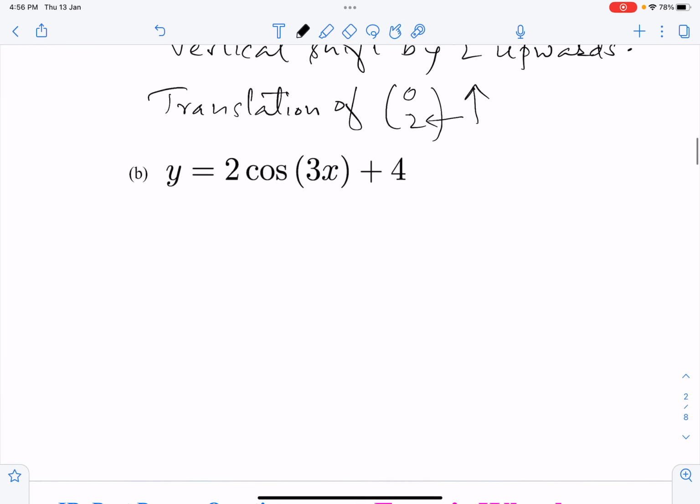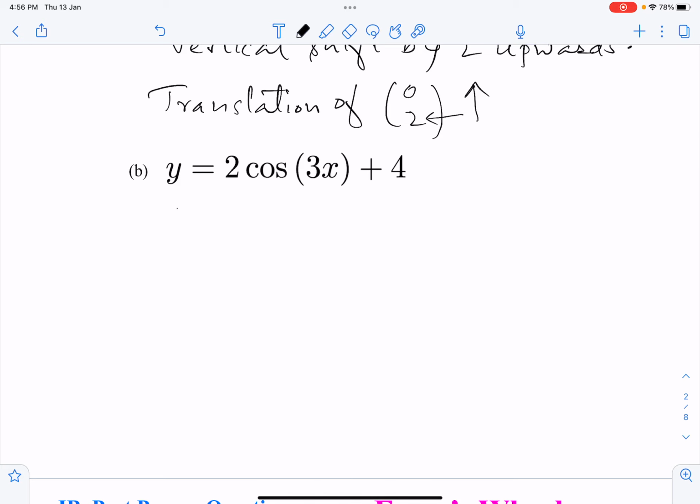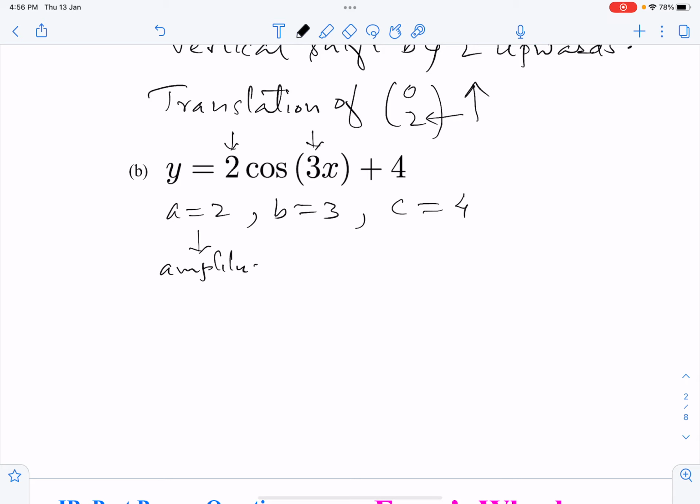Now let us see part B. In part B, again A is 2, B is 3. Okay, this is A, this is B, and C is 4. Now A is the amplitude. So therefore the amplitude is 2. Then period we have to find. So as I said, period will be 2 pi divided by B, where B is 3.